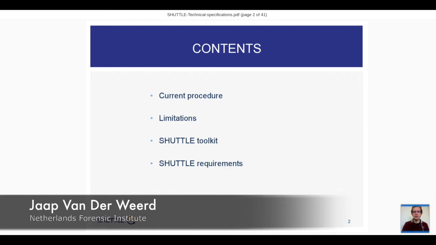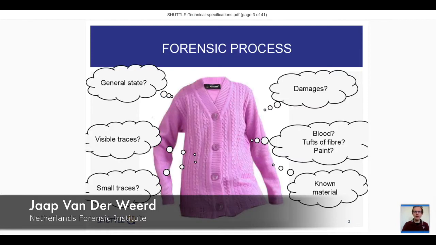So what is our current procedure? Well, when we get something in our lab, for example this vest, a garment, we are thinking of many things. Are there microtraces? That's of course very important. But also, what's the general state? Is it very worn? Is it very old?